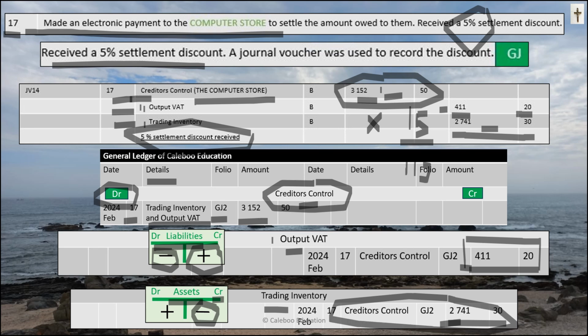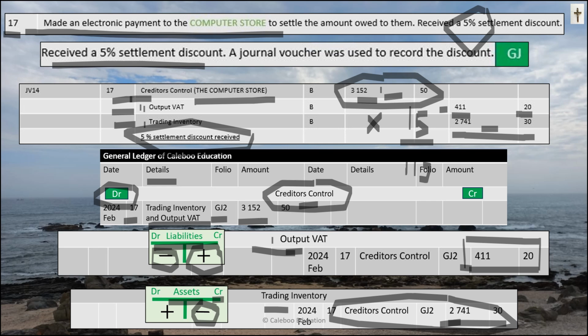So these general journal transactions can be quite tricky because you need to understand what happened in the first place. And if you want the information that took place prior to this discount that was received, you need to go check what happened in the debtors journal and the creditors journal in order to understand actually how to do this transaction and why output VAT is credited.